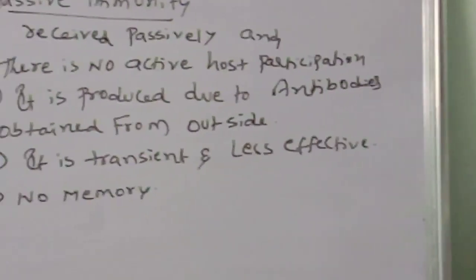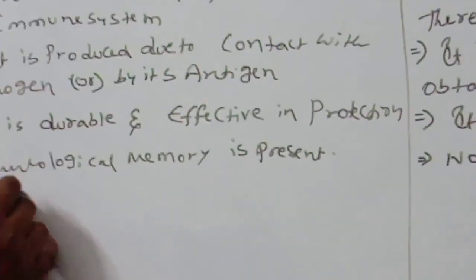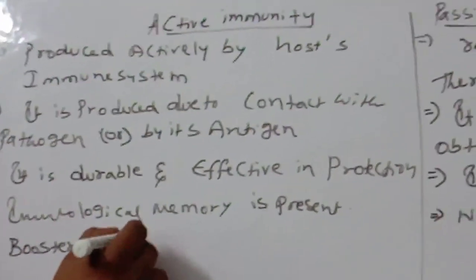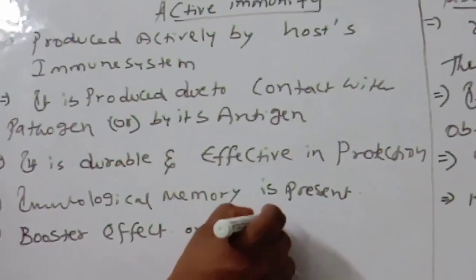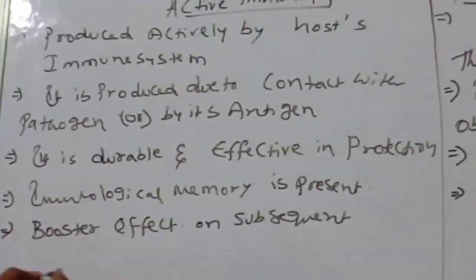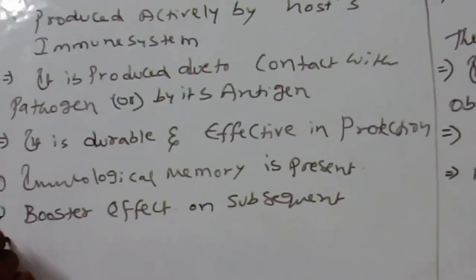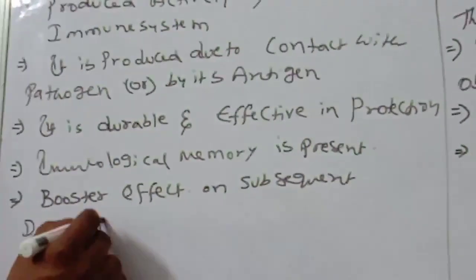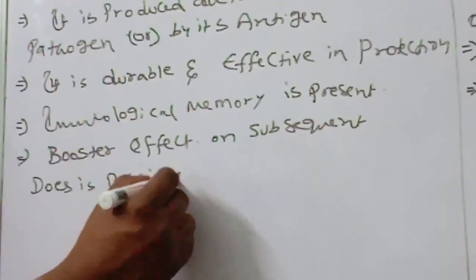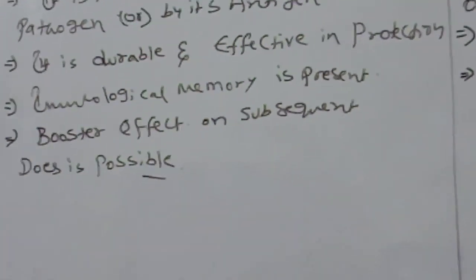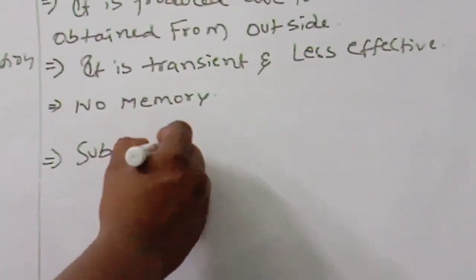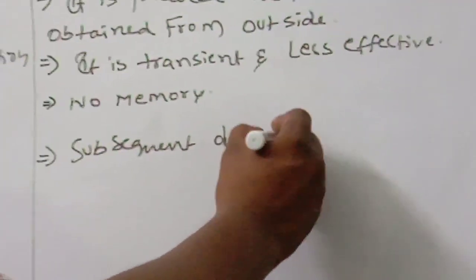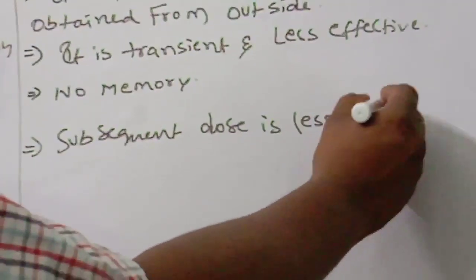Next, in active immunity a booster effect on subsequent doses is possible. In passive immunity, subsequent dose is less effective.